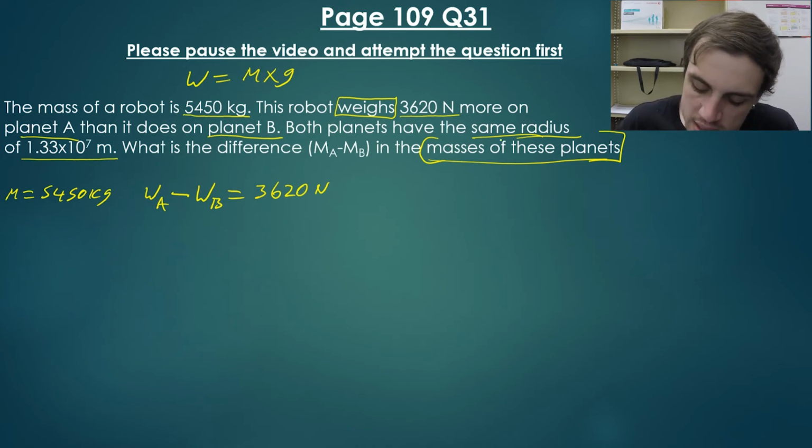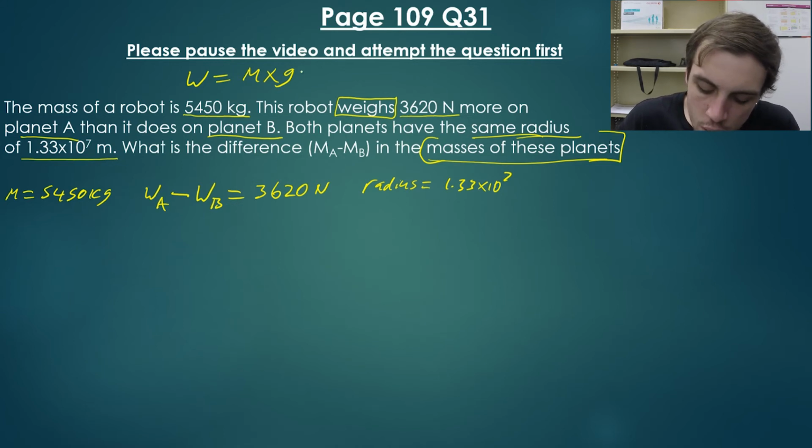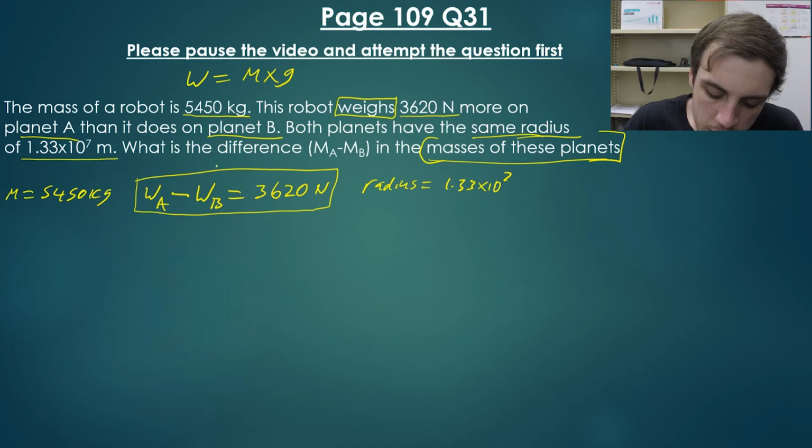Both planets have the same radius, so I'm going to note the radius. And again, it's asking for the difference between the two masses of these planets. So what I'm seeing here is, again, we need to focus on our gravity. We know that the weight on planet A minus the weight on planet B is 3,620 newtons. So I'm going to start there.